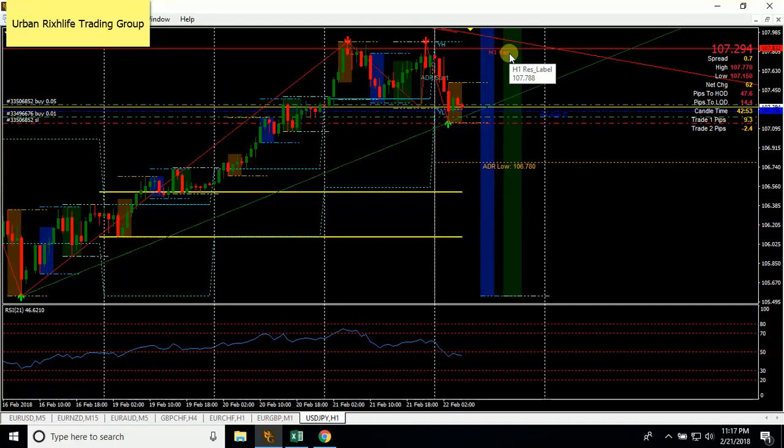The 4-hour candle that closed above support was right here. So I would assume that this low right here is 4-hour support. See how we closed up there? We have resistance and support down here on the 1 hour as well, showing that it's holding.